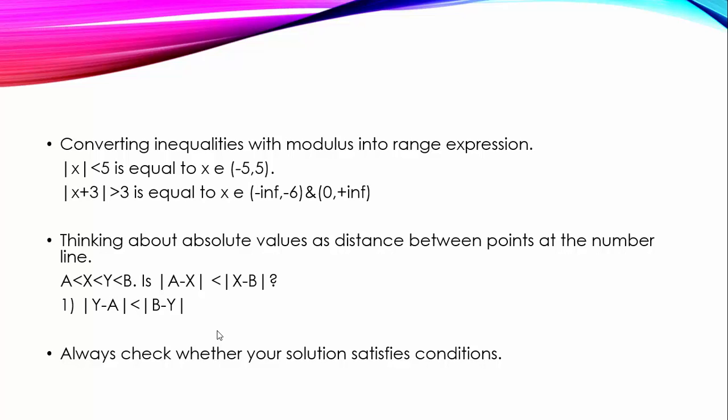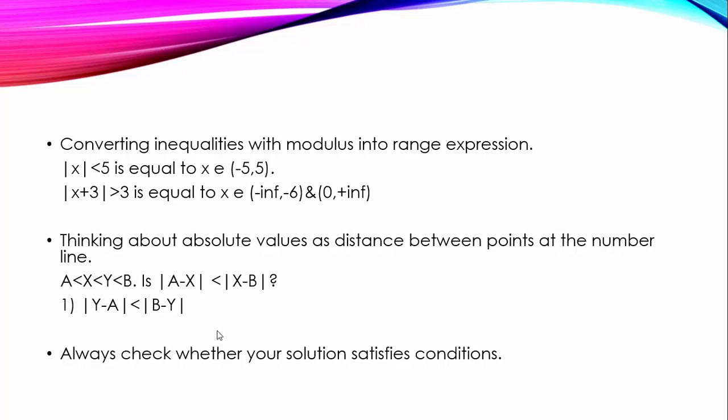Think about absolute values as distance between points on the number line. For example, in the problem a less than x less than y less than b, is mod a minus x less than mod x minus b? We have mod y minus a less than mod b minus y. We can think about absolute values here as distance between points. Statement 1 means that the distance between y and a is less than between y and b.